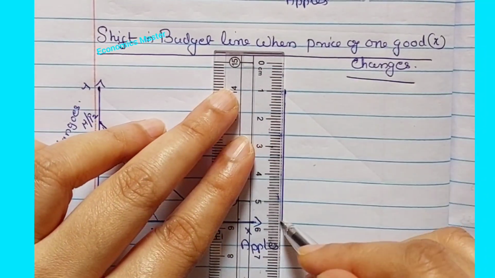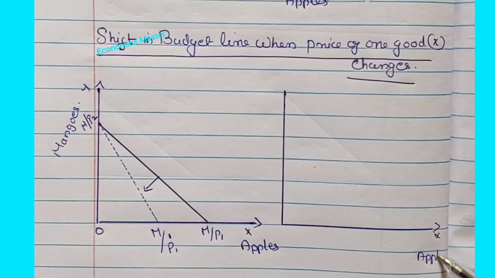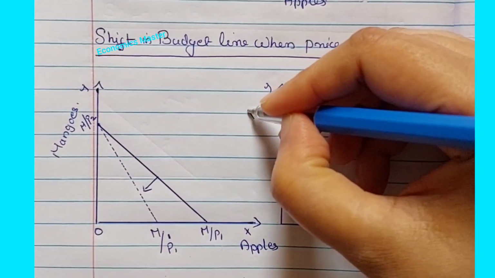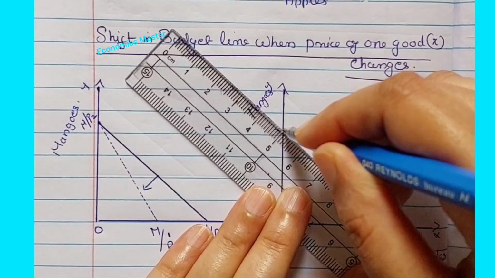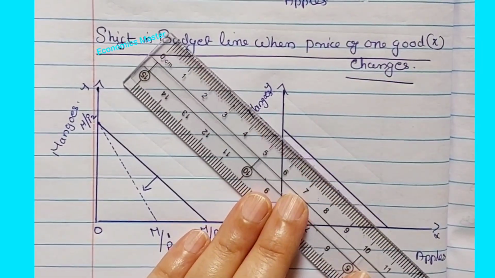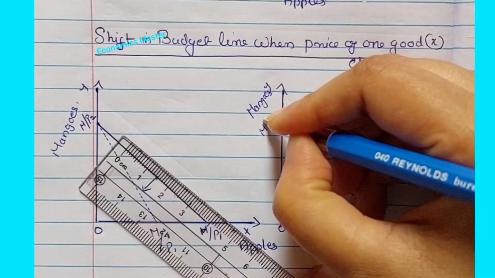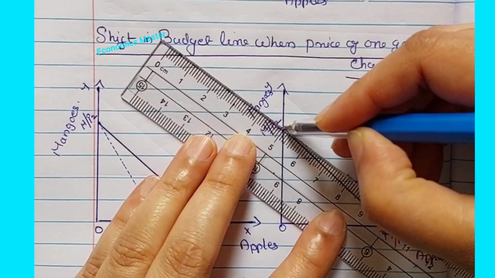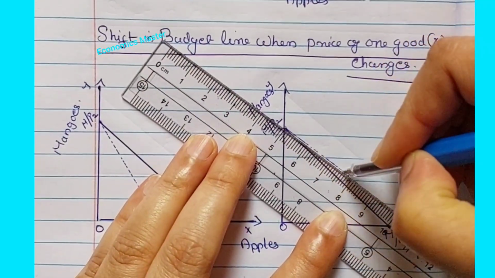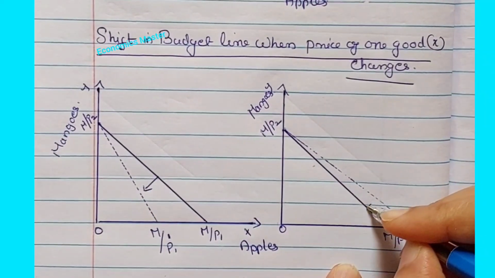If the price of the apple decreases, the budget line becomes flatter. The horizontal intercept changes to M by P1 dash.